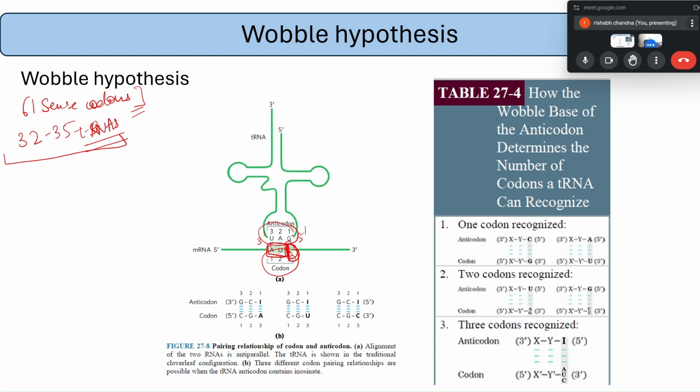The third base pair can be different. Okay, how it can be different, we'll see. In the normal scenario, I think this would be clear, that only the third base is responsible for the wobble hypothesis.